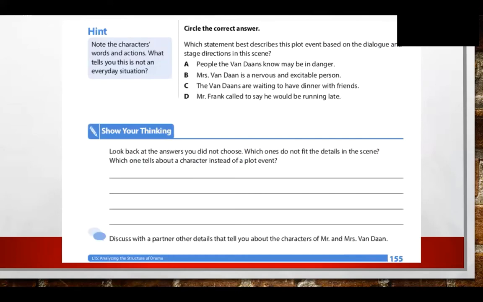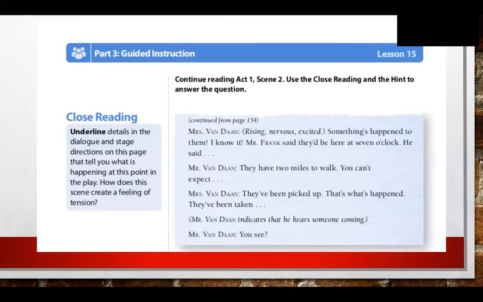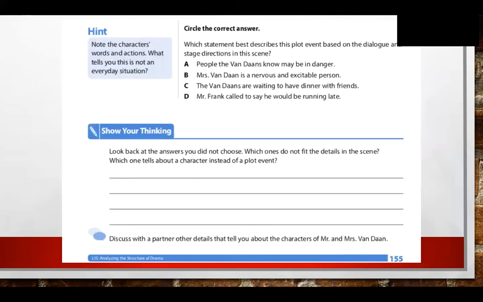So let's go through these one by one. A, people the Van Dams know may be in danger. All right, what shows us that they could be in danger? If you want to pause and go back and look, you can. Something's happened to them, they've been picked up, they've been taken. All of those things show that something could have happened to them.